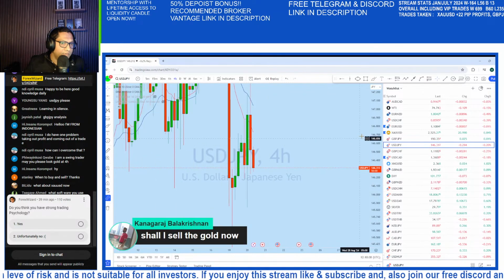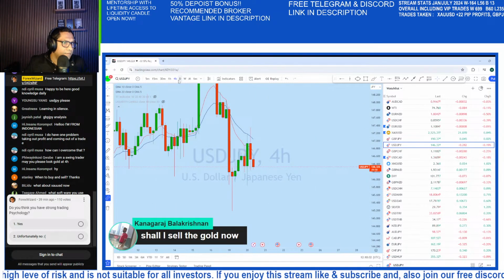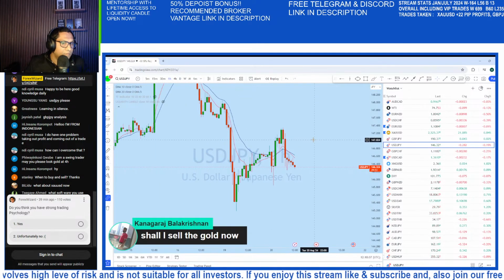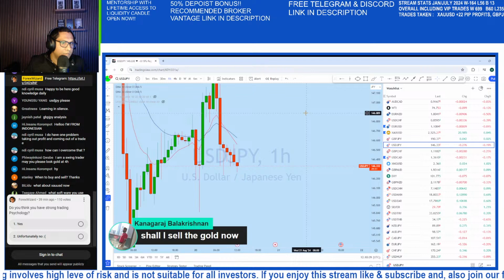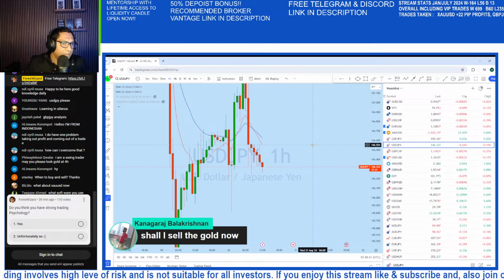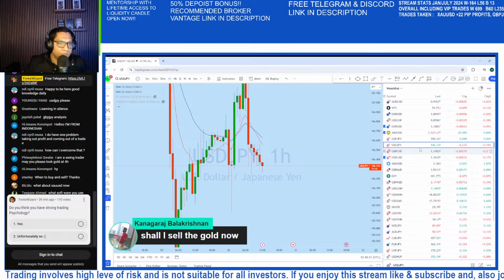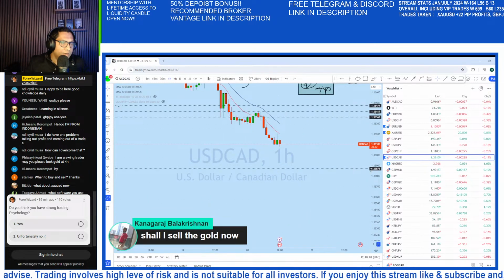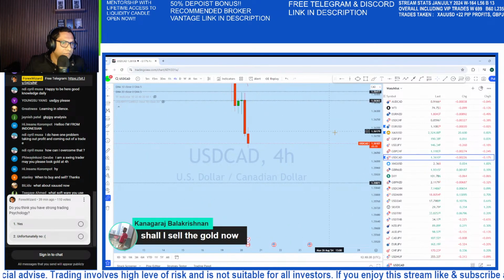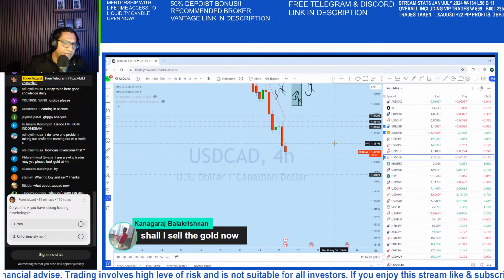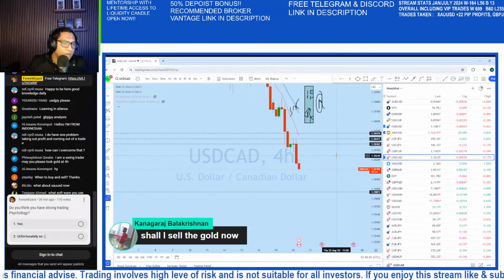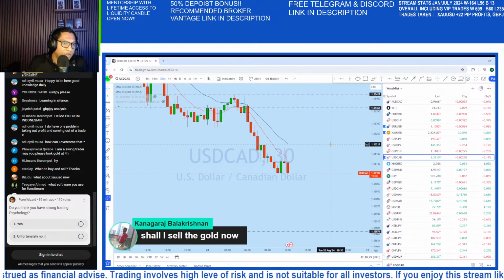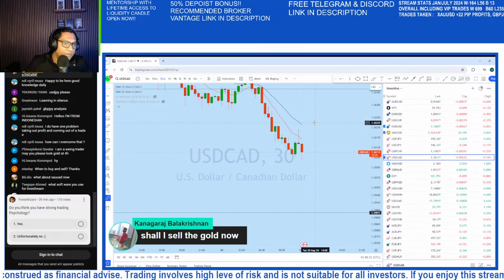I'm just looking at all of them to see how the market is evolving. Dollar CAD is breaking below again. So you have a CAD news coming in just 20 minutes. Let's see what dollar CAD is trying to do here. Seeing a doji or a pin bar.